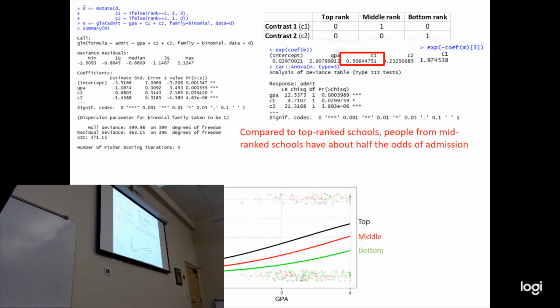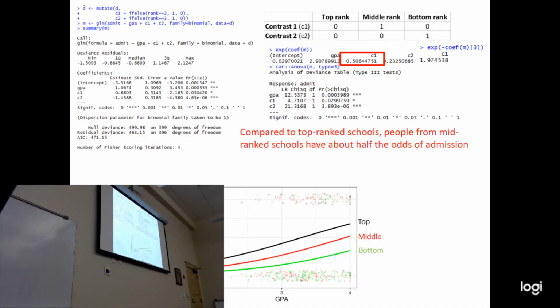So sometimes it's convenient to talk about the odds of top ranked schools versus the odds of middle ranked schools, or the reverse. Sometimes it's convenient to talk about by what number you have to multiply top ranked schools to reach the odds of middle ranked schools, and sometimes by what number you have to multiply middle ranked schools to reach top ranked schools. You can talk about going from top to middle, or middle to top. Does that make sense?